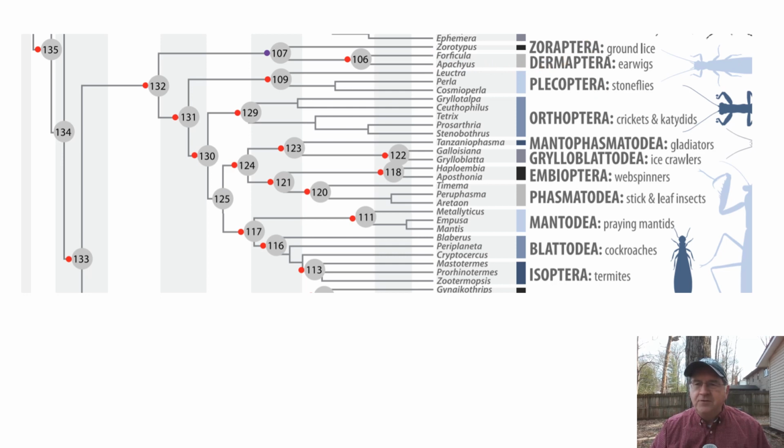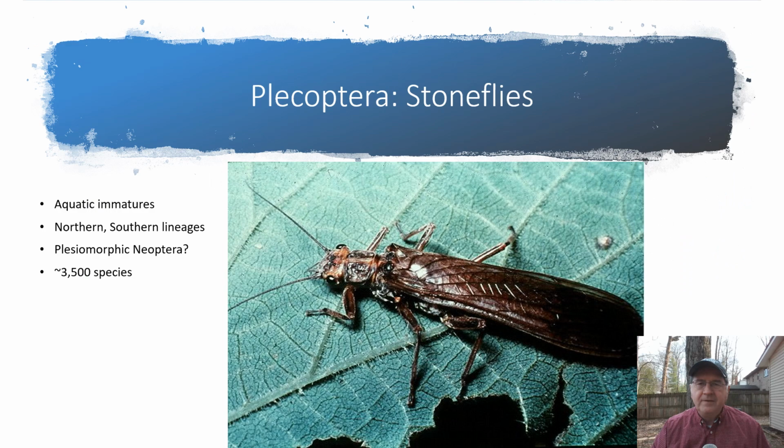Let's move on to the stoneflies. If you're a fisherman, you're very familiar with the order Plecoptera, or stoneflies. Like the mayflies, they have aquatic immatures that are very important in the aquatic food chain, particularly in streams, and so trout fishermen are very well attuned to the diversity and the imitation of stonefly adults and nymphs as lures for catching fish.